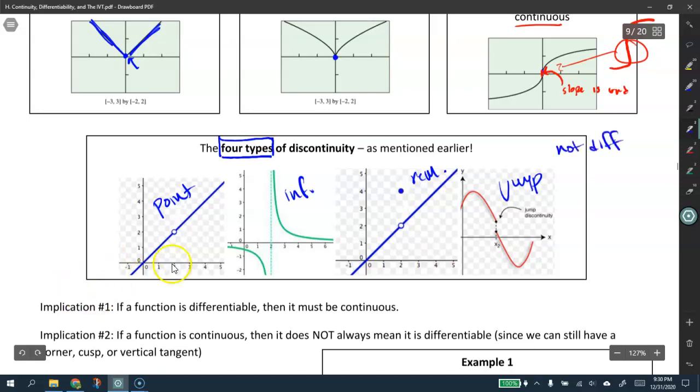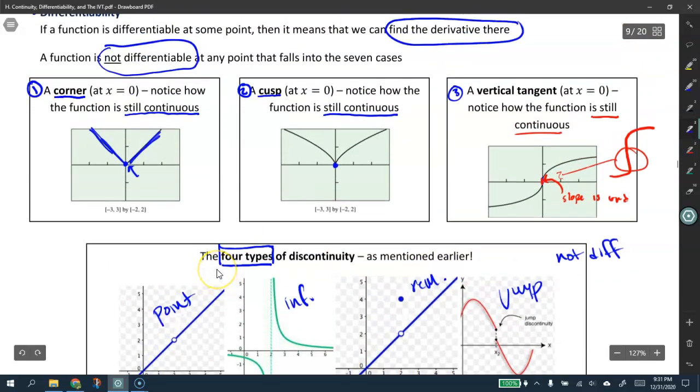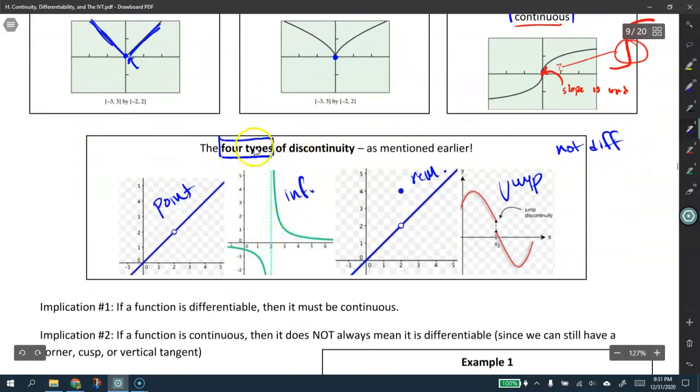So altogether, you actually have 7 cases where something would not be differentiable. The 3 top cases are written separately because they're not differentiable, but they are still continuous at those points. However, every point where you are discontinuous, you're automatically also not going to be differentiable.